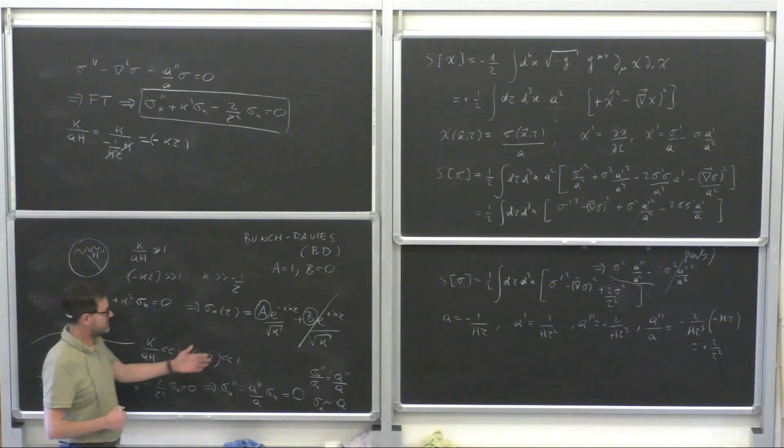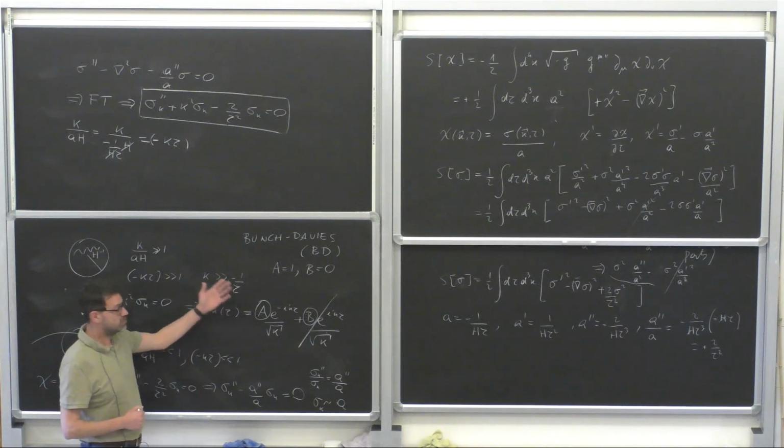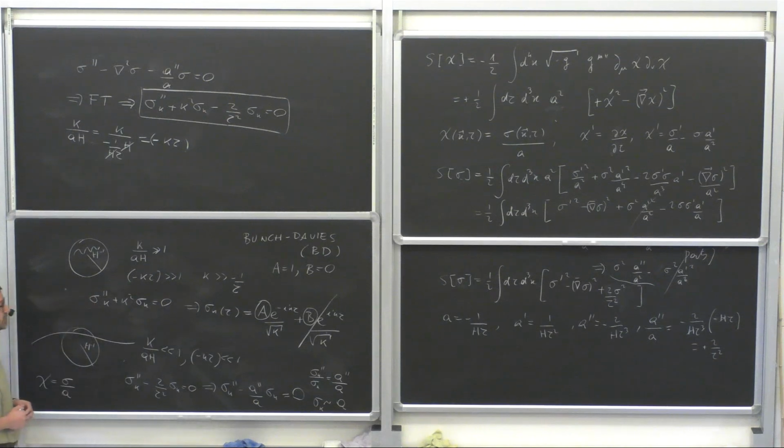Once I've made this choice, I can solve the equations exactly, because I know that I want some boundary condition deep in the ultraviolet when I'm very much inside the Hubble radius.